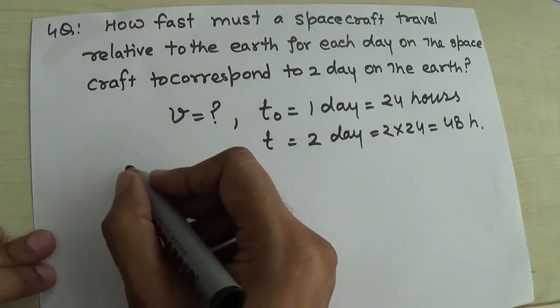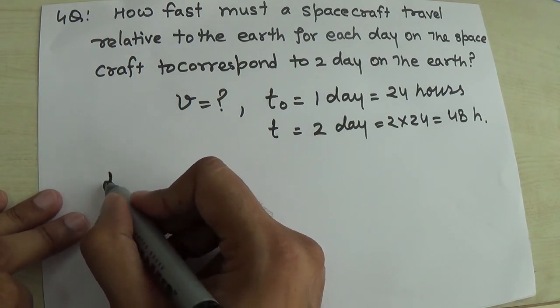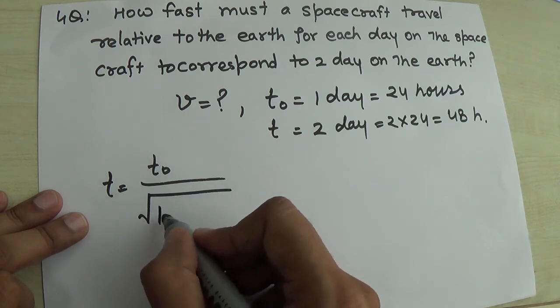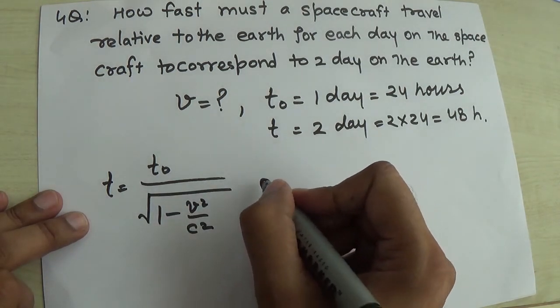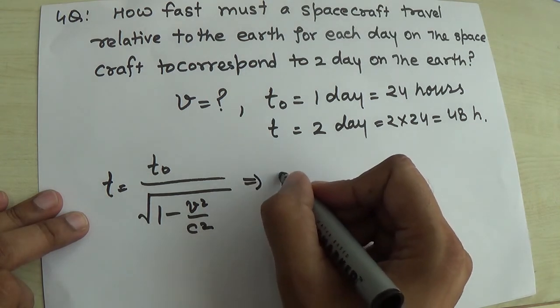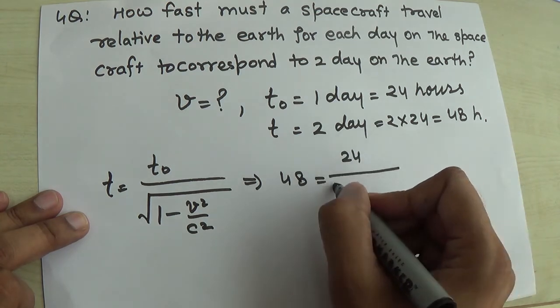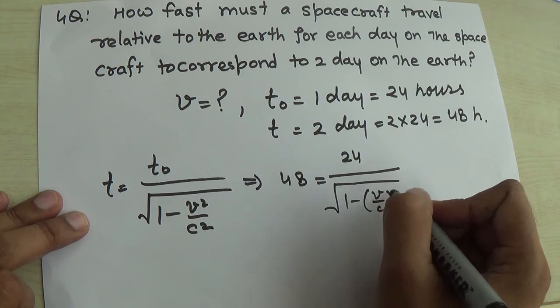So now you can find out the velocity by using the formula T is equal to T naught upon square root of 1 minus V square upon C square. Here T is given, that is 48, T naught is 24, and this is 1 minus V upon C whole square.